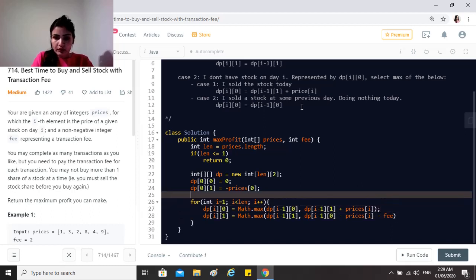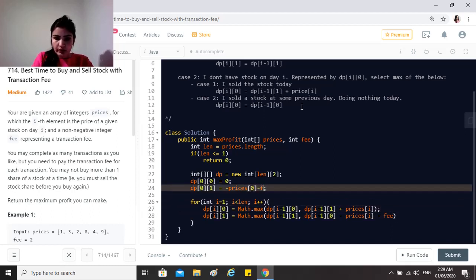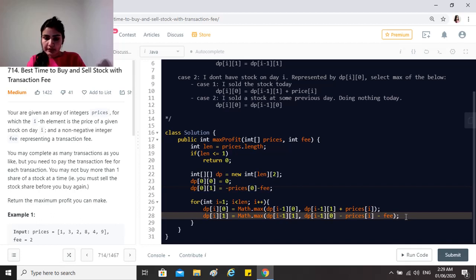We've also forgotten to take that into consideration here. On day 0, if we are buying the stock, apart from the price of that stock, we'll also have to pay the fee. So we forgot to include that.